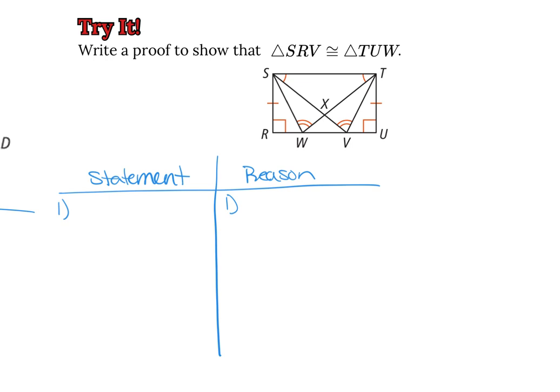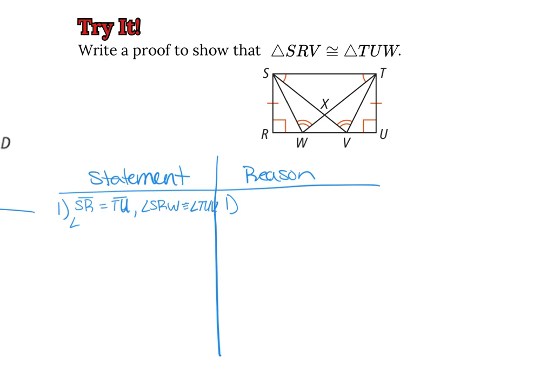So they told me that SR is congruent to TU and angle SRW is congruent to angle TUV.